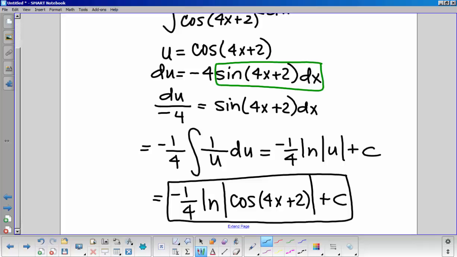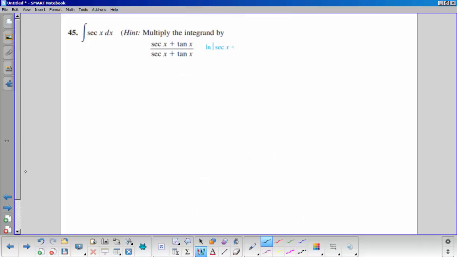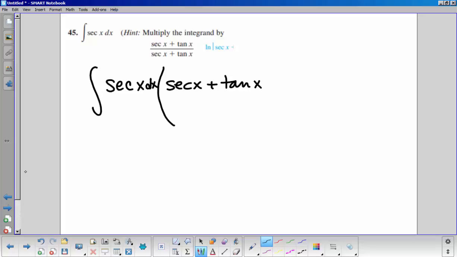Moving right along. Secant x. This is one I actually did for you in the notes. This is the seemingly bizarre factor of 1. So this is secant x times dx, times secant x plus tan x over secant x plus tan x.